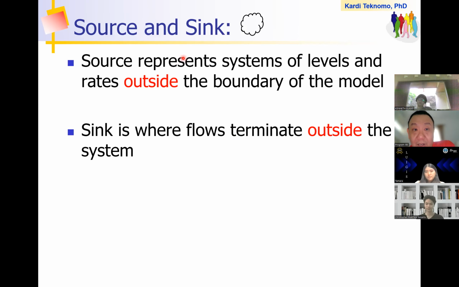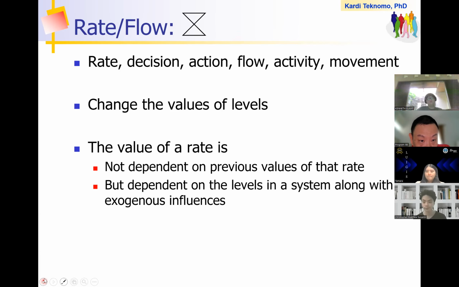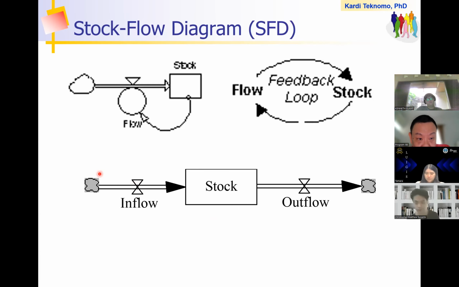And the source and the sink represent something outside the system, the boundary of the system. So the source is something that goes in. The sink means the flow will go out to the sink. This is the source. Here is the sink. Can you see that?